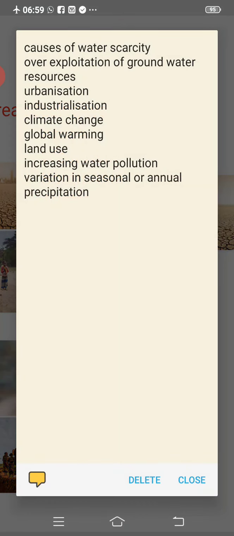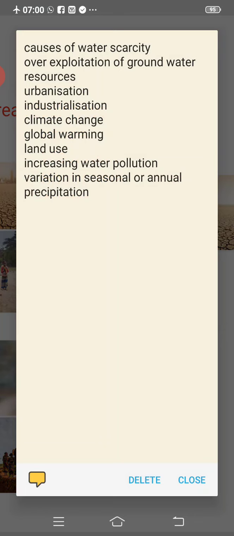Now let's see what the main causes of water scarcity are. There are varied causes of water scarcity. Some are natural and others are man-made. Many of the causes are interrelated. Variation in seasonal or annual precipitation: in some areas, rainfall is high and in some areas, rainfall is low or very little.